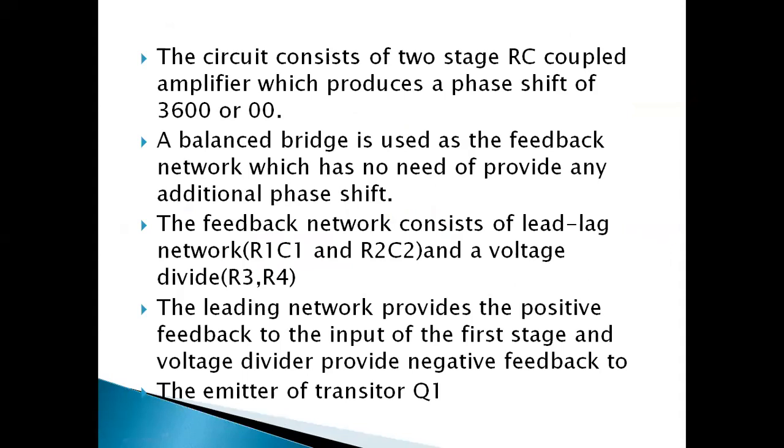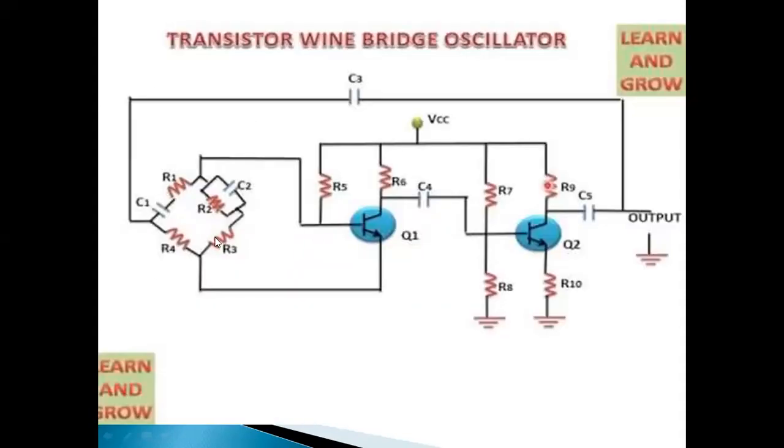Next, a balanced bridge is used as the feedback network, which has no need to provide any additional phase shift. If you observe the circuit, here we have a bridge. This is called a balanced bridge because it is balanced. Here this bridge acts as the feedback network.